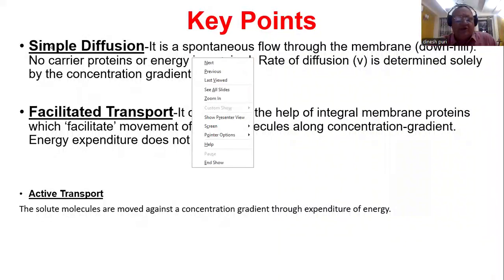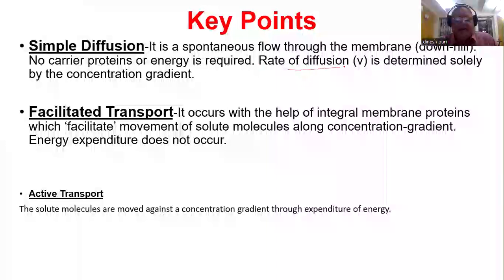So finally, the key point: spontaneous diffusion, in simple diffusion it is downhill, and the rate is solely determined by the concentration gradient. Facilitated diffusion occurs with the help of integral membrane proteins, which facilitate movement of solute molecules along a concentration gradient.